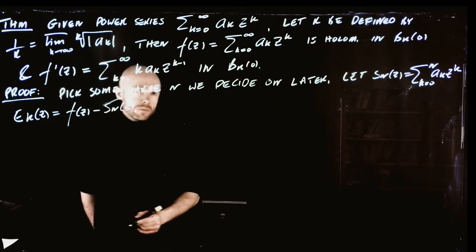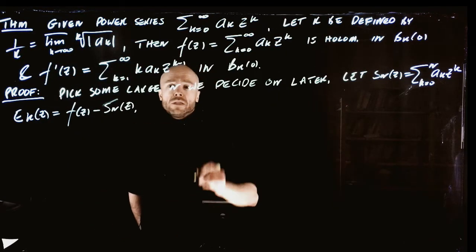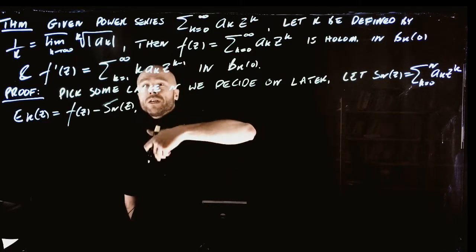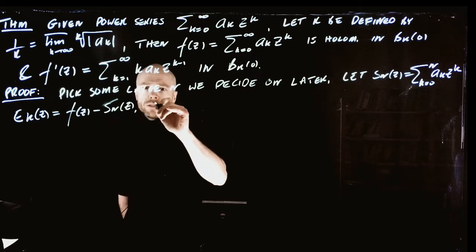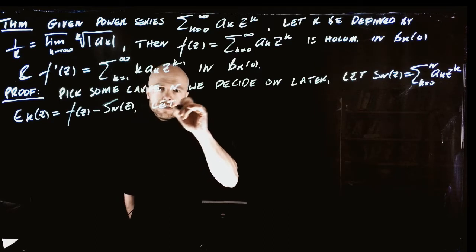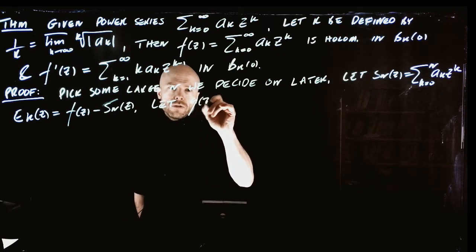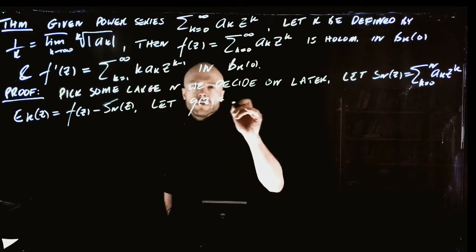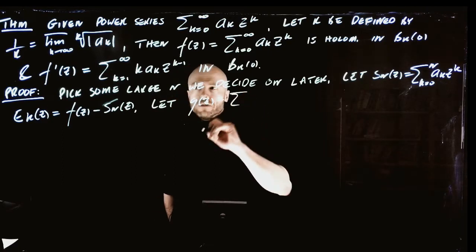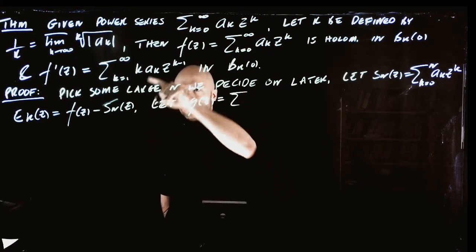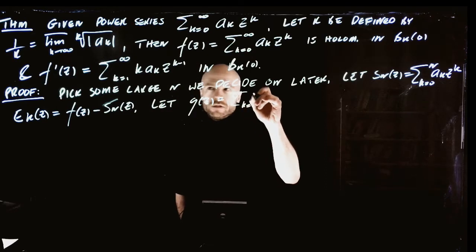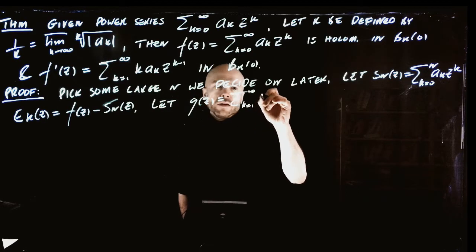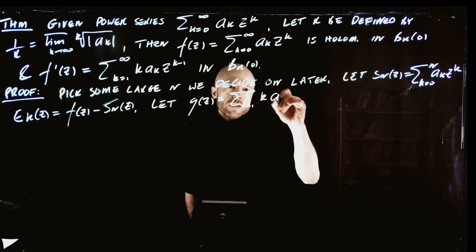Our task is to show that the differentiation is exactly this expression. So let g of z be this power series. Actually, the first thing I should do is show that this thing converges in the same radius. So let's do that as a little aside in the corner.